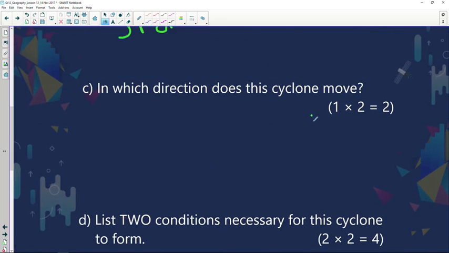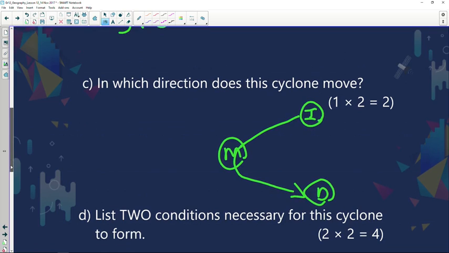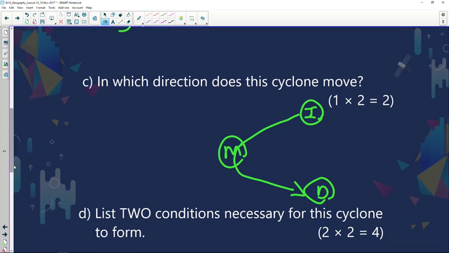Now, I showed you it moves from east to west. It's the initial stage, mature stage, and dissipated stage, and then it recurs in the easterly wind belt. Okay, if you look at the movement of it, your notes tells you it moves from east to west.